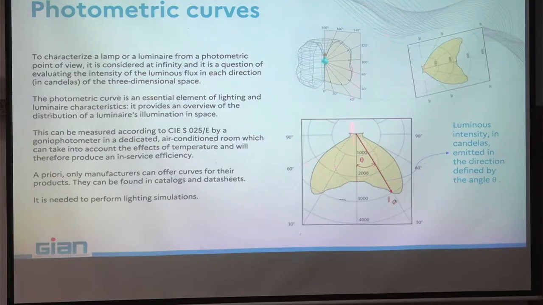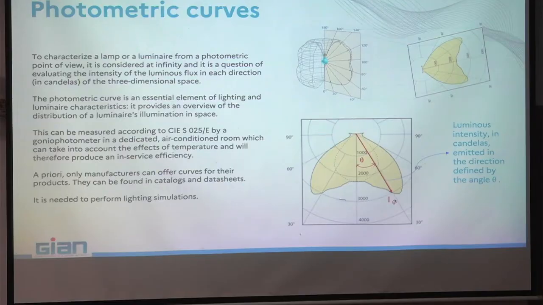If you take the axis here, you see 1000, 2000, 3000, and then you have the directions. In fact, 1000 is candelas, 2000 candelas, 3000 candelas, 4000 candelas. That means if you take a ruler and you measure the distance from there to there, that is equal to 1000 candelas, you have your calibration, and then if you measure from there to there in the direction of 30 degrees, you find here 3000 candelas.